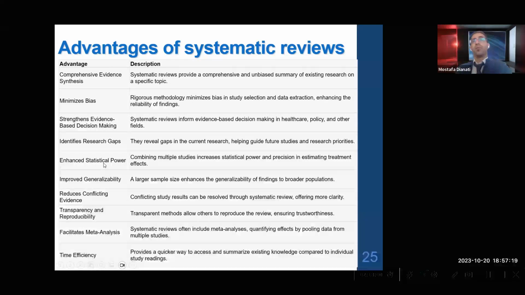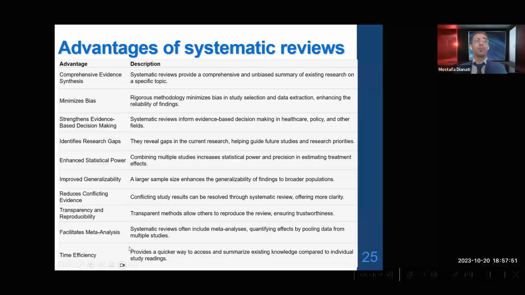Enhance statistical power. By pooling all the available evidence together, we can generate one single estimate for the association of interest, and this is really valuable. And the generalizability of our data goes far beyond a country or a small population. It can be applicable to the whole world.